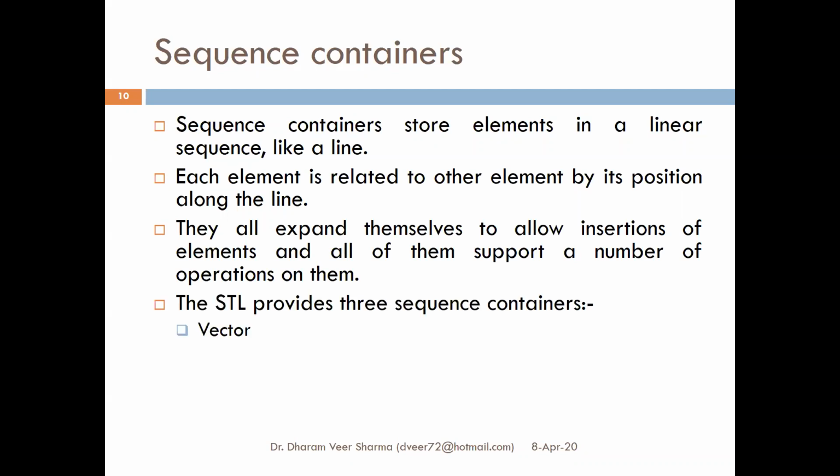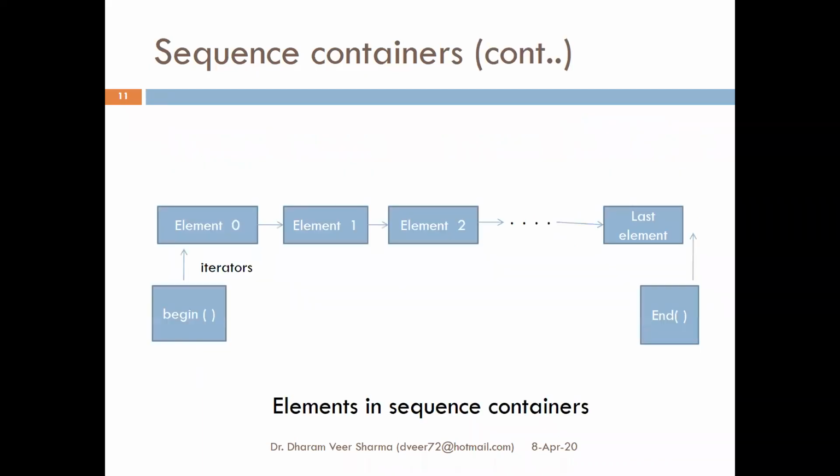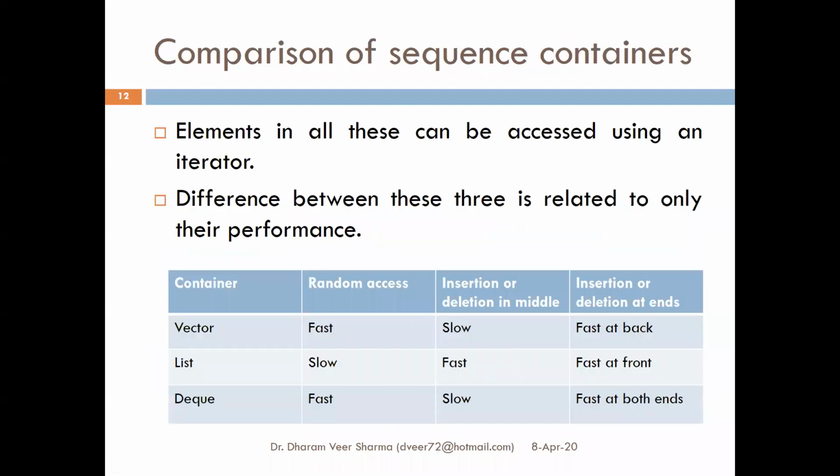There are three sequence containers we have already discussed: vectors, lists, and DQs. So this is how data may be organized in a container. There is a starting position. These are the iterators, begin and end. Through these, we'll iterate through the elements and then reach the end. So the data is organized in a linear fashion.